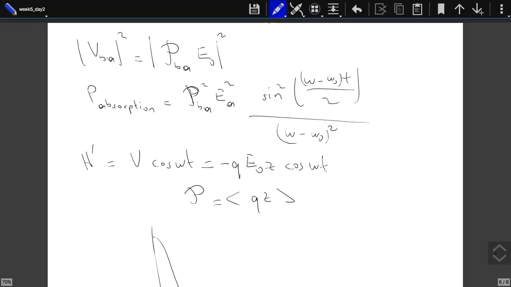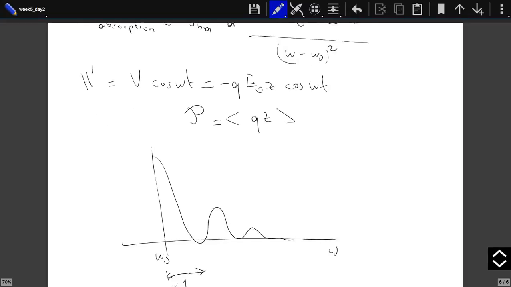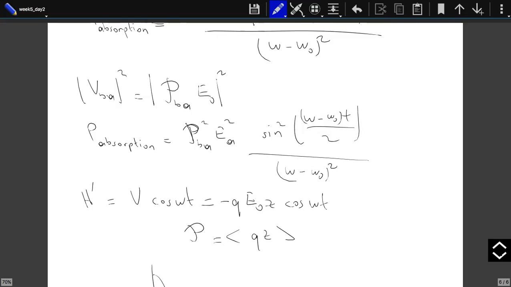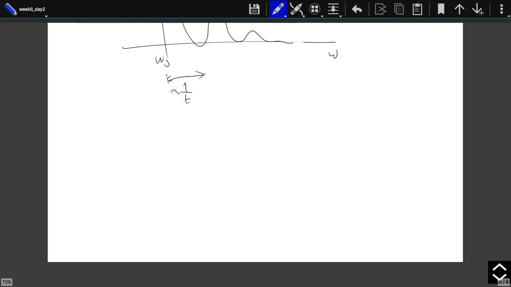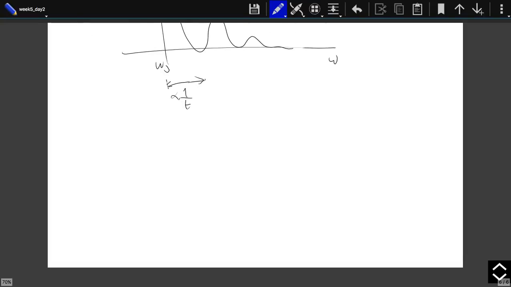Now let's look at one more thing. Now this is the absorption probability for one single frequency. Well, in general, we cannot create such a unique monochromatic beam. So we mainly have a distribution of frequencies in our beam. So what is actually physically measurable will not be this one.